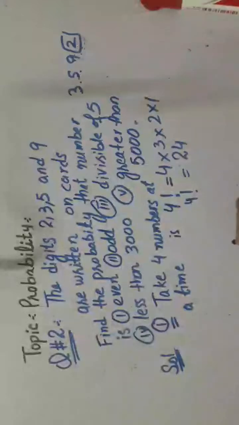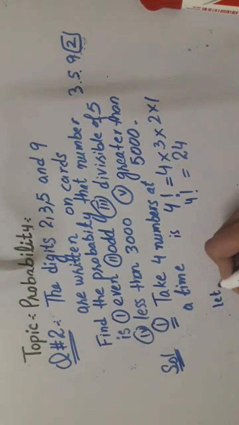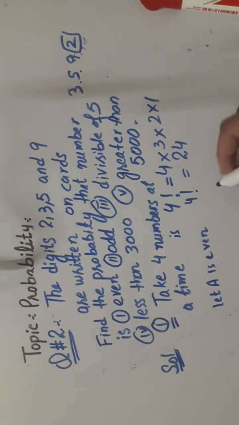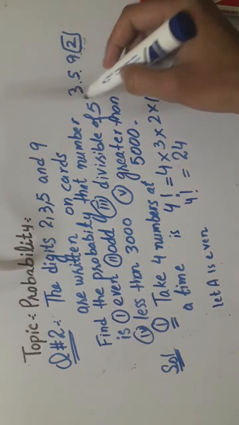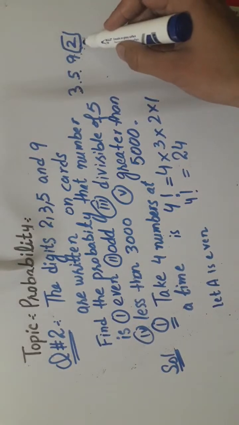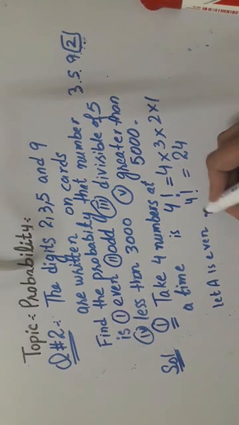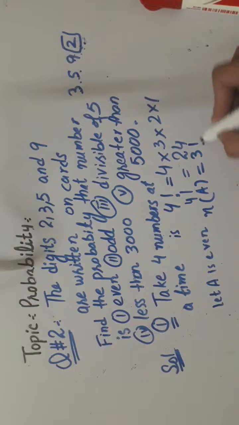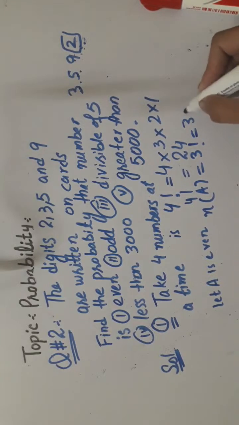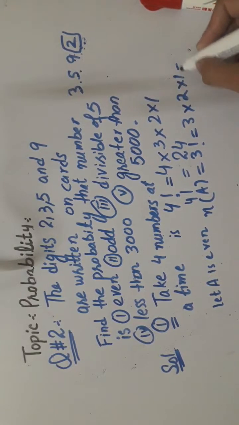So favorable: let A be the event which represents that the number is even. A is even means we change the positions of 3 numbers, while 1 number is fixed. So the number of elements of A will be equal to 3 factorial, which means 3 multiplied by 2 multiplied by 1, which is equal to 6.